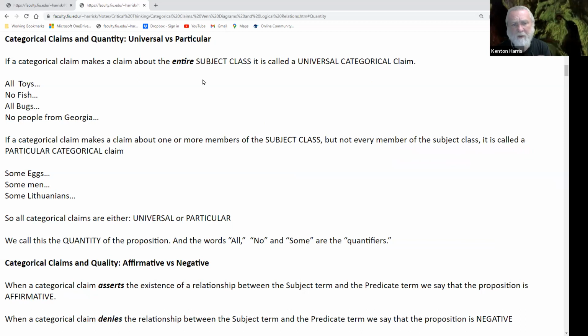Also notice something else about the word some. In categorical logic, the word some has a technical meaning, and it means at least one. So when I say some eggs are, whatever, I'm committed to the idea that there is at least one egg, maybe more, maybe lots more, maybe all the eggs are, but that's not what I'm saying in this claim.